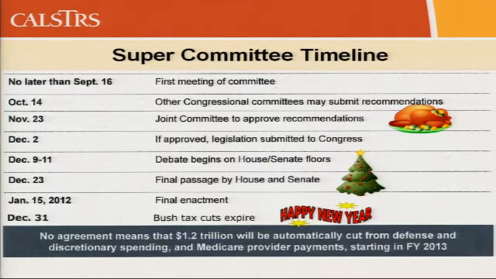They're supposed to start meeting here mid-month. You get some initial stuff in October. Then really it's Thanksgiving when most of the stuff comes out. Then we wait till Christmas for even more. And then it's not until New Year's that we really know, did they do anything or not? Are we back to the Tea Party and all that we saw in August? I think that movie is going to be replayed, I fear.